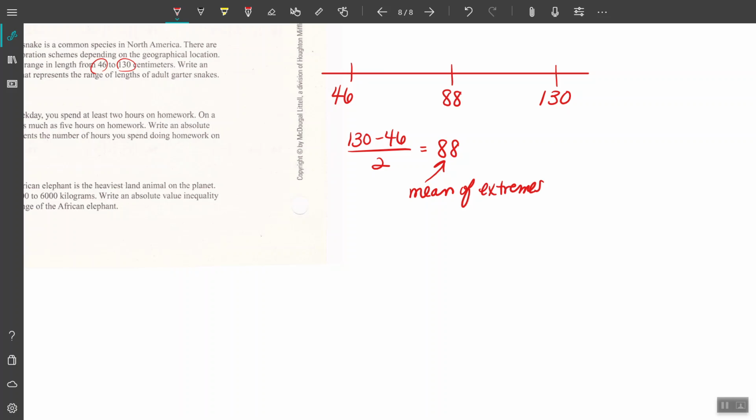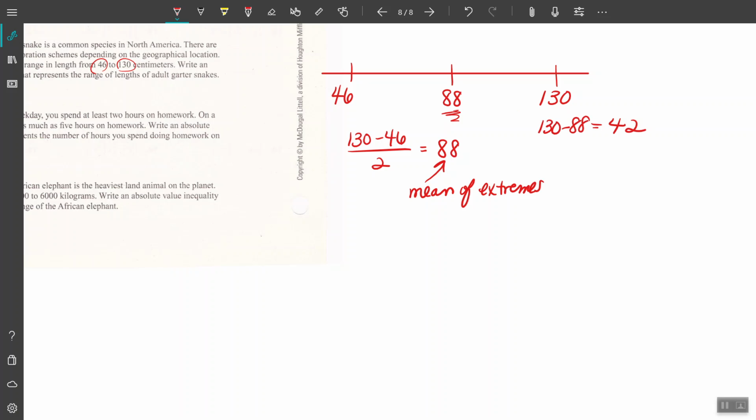Now, at this point, we need to find that number that is the tolerance. How far from this median, from this mean, can the extremes sit? So I'm going to use the biggest number, the 130, subtract that mean from it, and that will give me my tolerance, which is, in this case, 42.